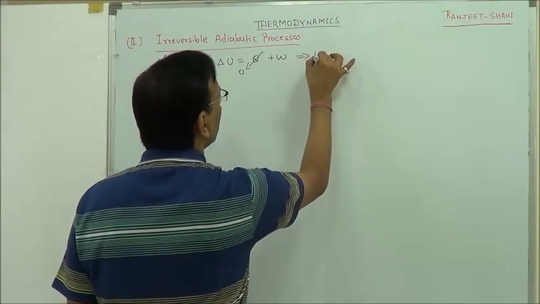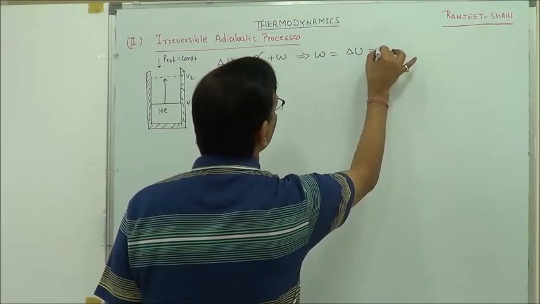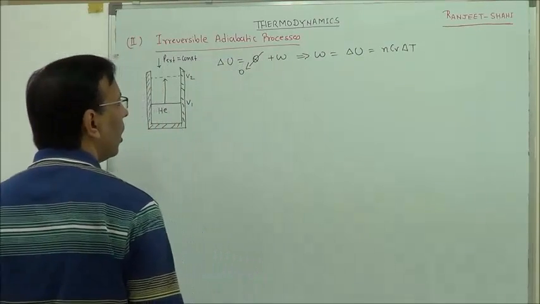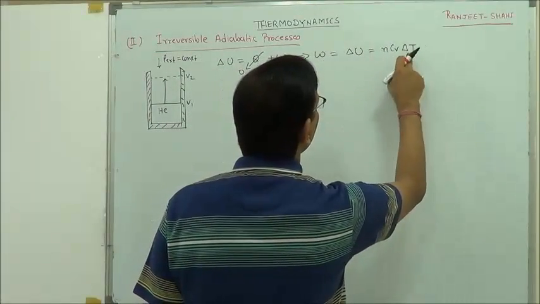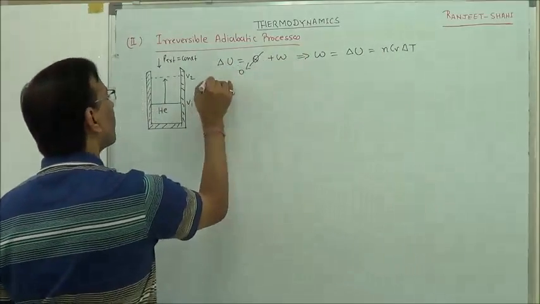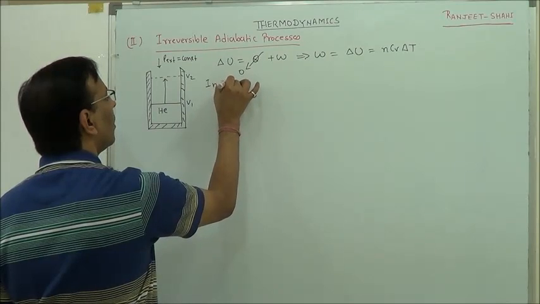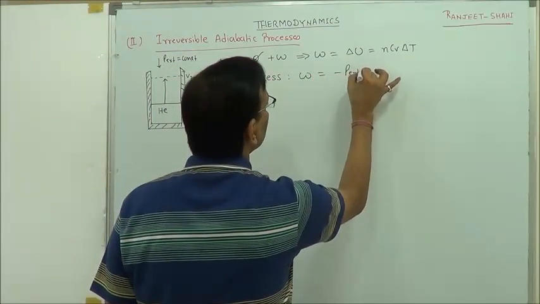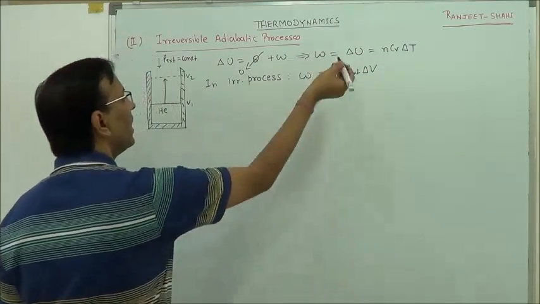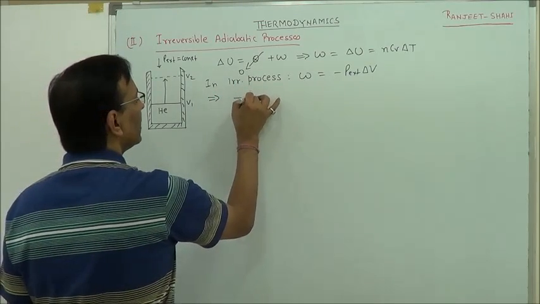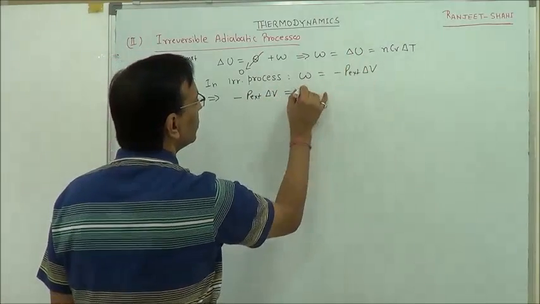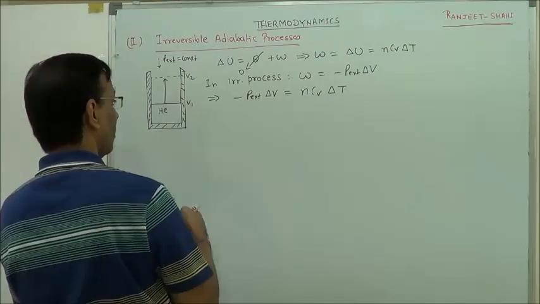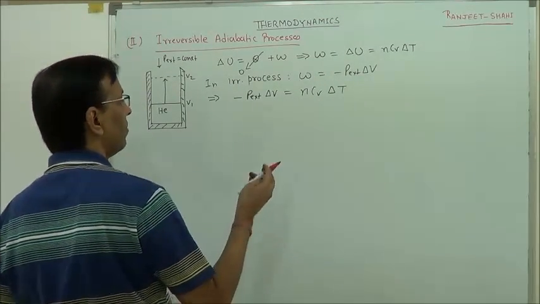This implies W is equal to delta U, which is nCV delta T. So work done by the system is nCV delta T, and in an irreversible adiabatic process, W is minus P external delta V. So if we relate this, we find minus P external delta V is equal to nCV delta T. This is a very important relation for the irreversible adiabatic process.